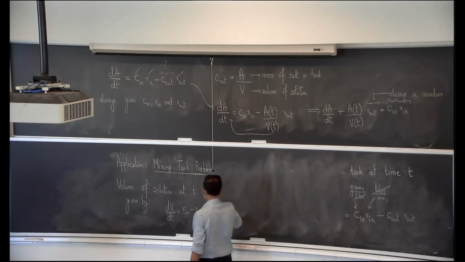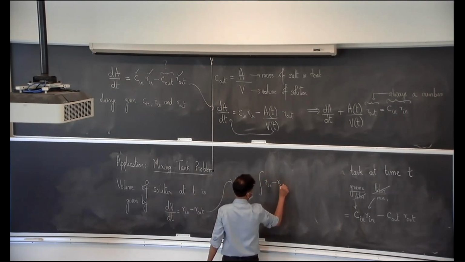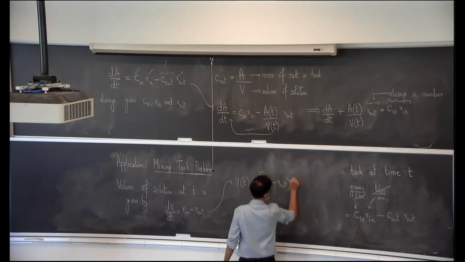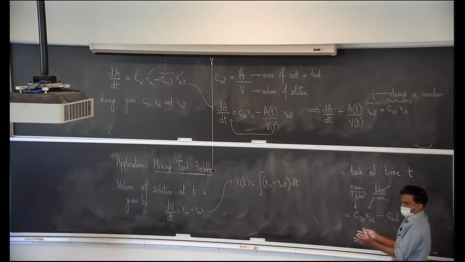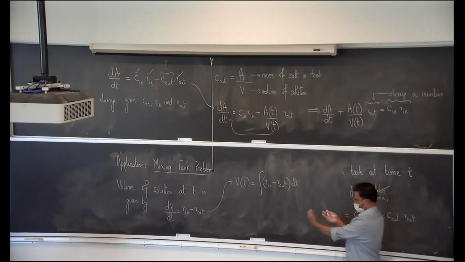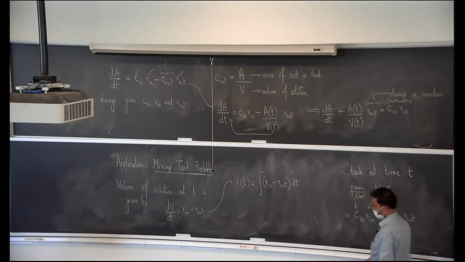So from here you can solve V of t equal to the integral of R in minus R out dt. If R in and R out are the same, the volume does not change. It's the same as the initial volume. So if there is a difference in the rates coming in and going out, that is what is going to create the difference or the extra volume that is generated in the tank.